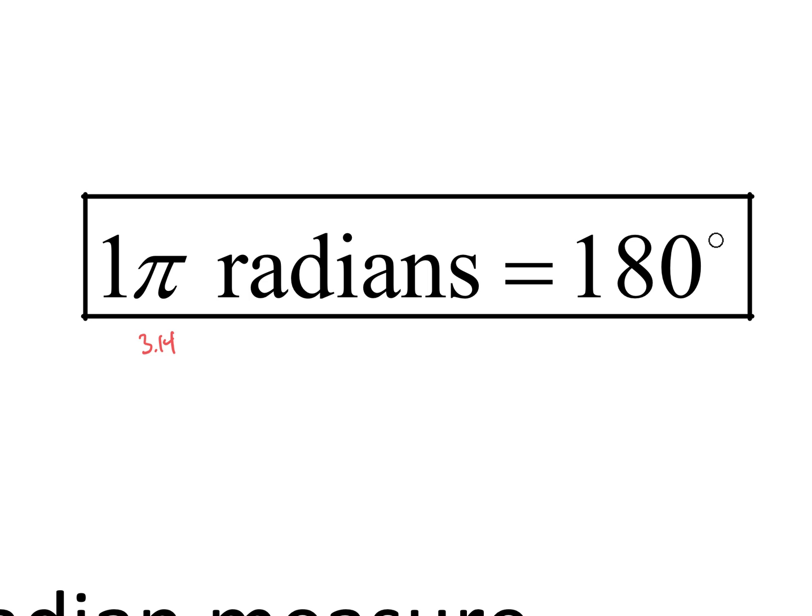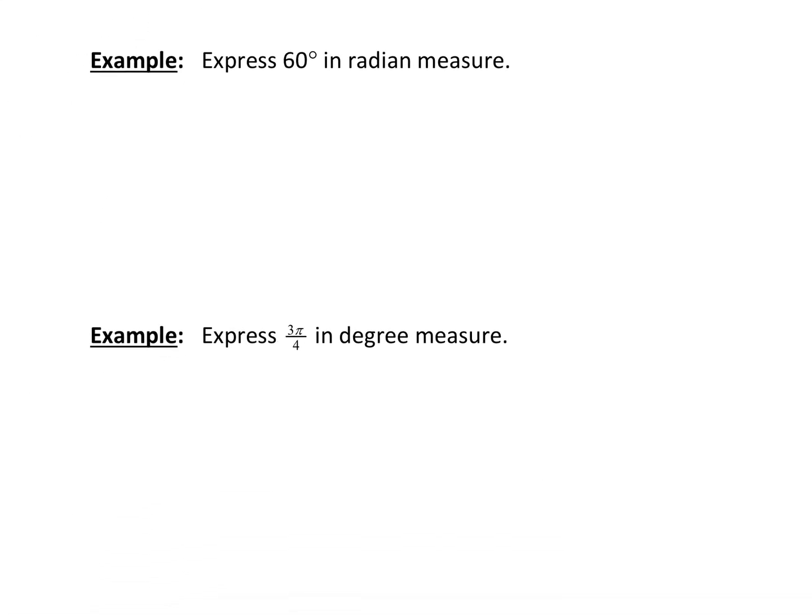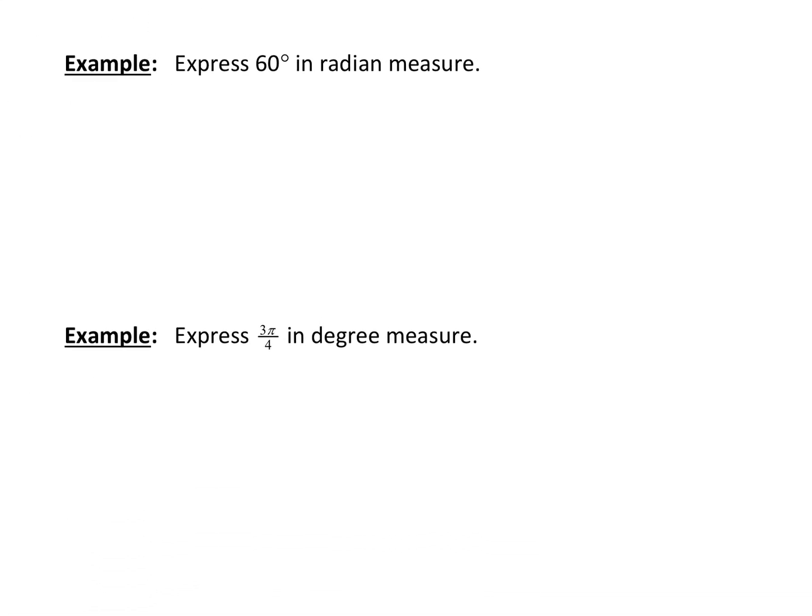So pi radians is equal to exactly 180 degrees. Part of what we're going to do today is learn how to take an angle in degrees and turn it into radians, and also take something in radians and turn it into degrees.